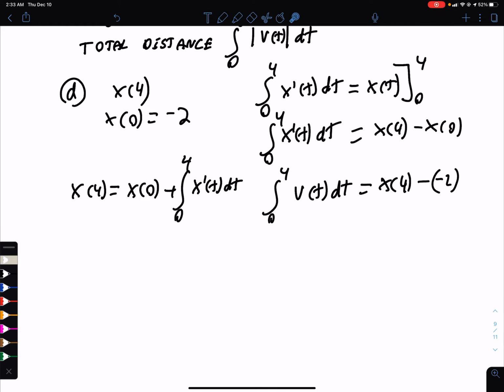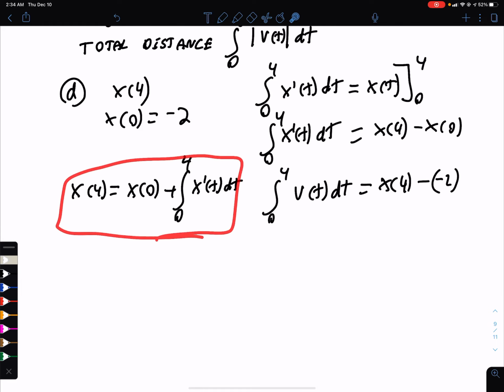Now here's what's huge. When I integrate x prime of t dt, the area under the curve of x prime, this gives me the change in x according to the fundamental theorem. The change in x is the change in position. So this tells me the change in position of the function. So if I knew where it started and how much the position changed, that will give me the final position. This is the fundamental theorem of calculus.